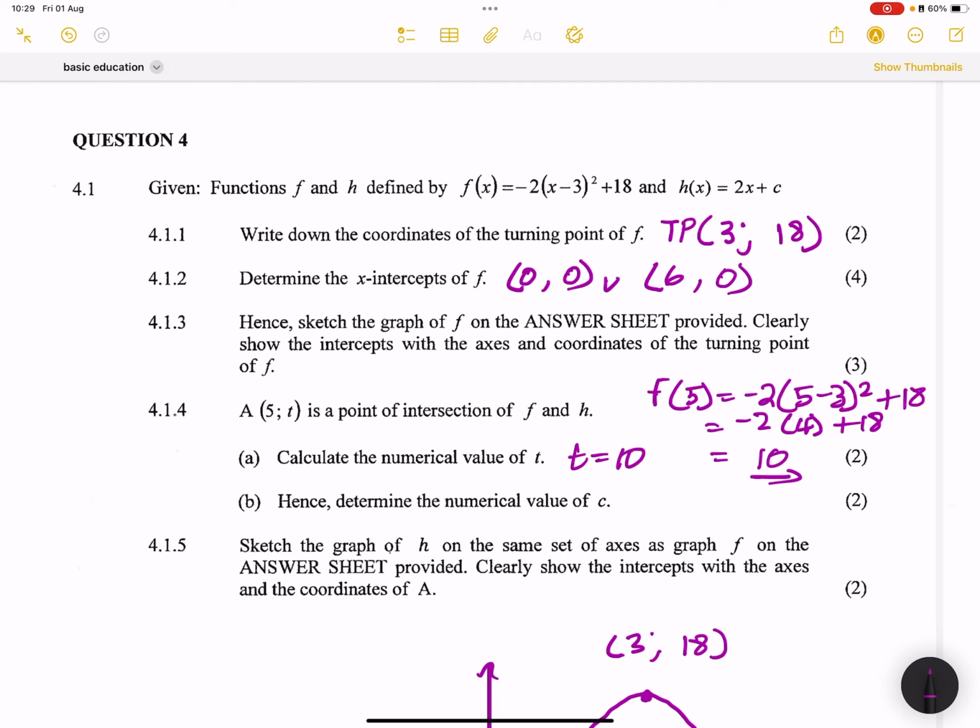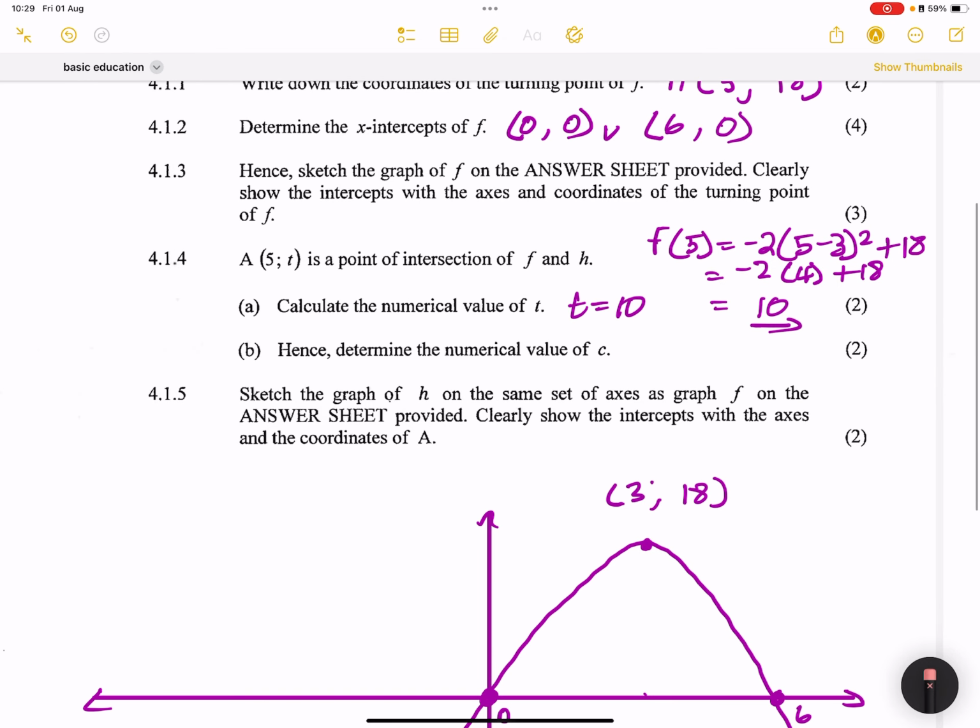They say, hence, determine the numerical value of c. Remember, they did say that A is the point of intersection of both f and h. So to get the value of c, I know at least one point that the graph passes through.